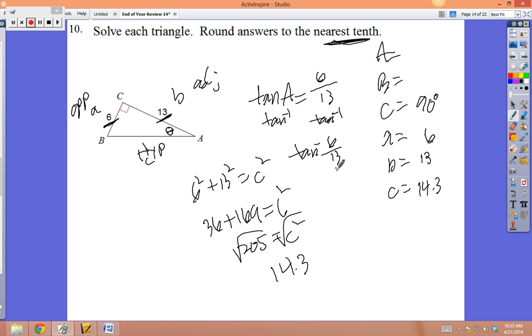So A is about a 24.8 degree angle. Now for B, I don't even need any trig. I'm going to do 90 minus 24.8, because I know a 90 and a 90 have got to be 180. So 90 take away 24.8, B is like a 65.2.